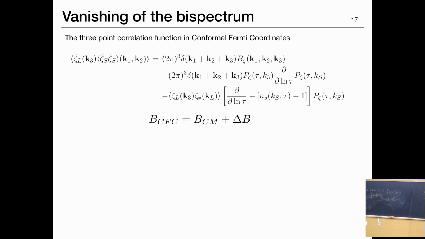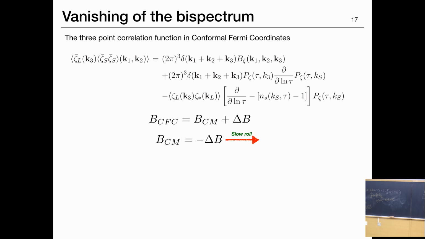which can also be read in this way: the observable bispectrum is given by the comoving bispectrum plus a correction. The comoving bispectrum is given by the symmetries that we found. And what is interesting is that the correction is always the opposite of this. So at the end of the day, we found that the observable bispectrum always vanishes for the case of slow roll and ultra slow roll inflation.